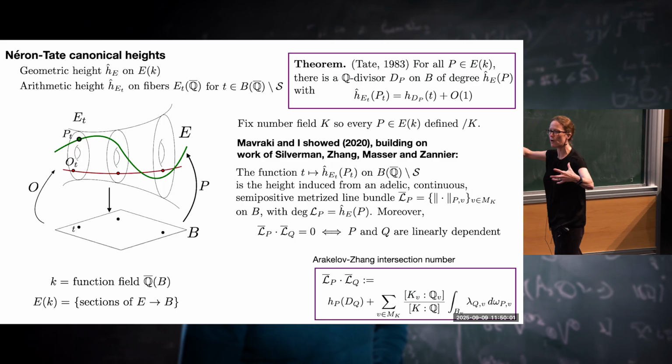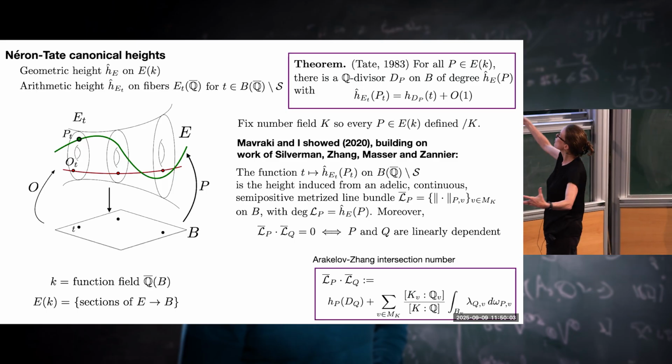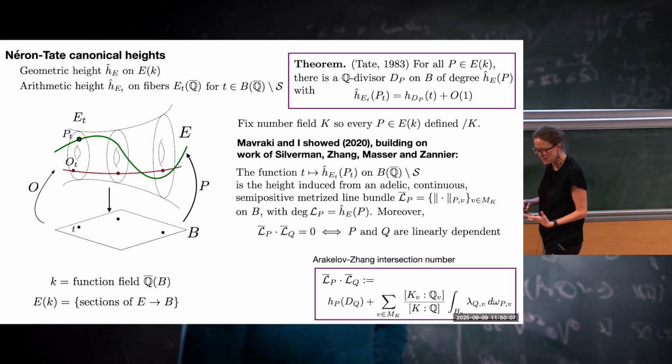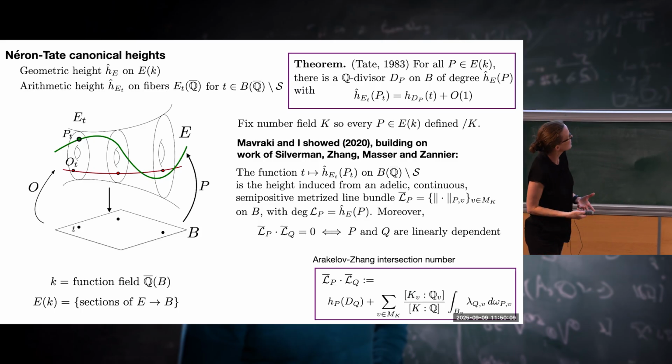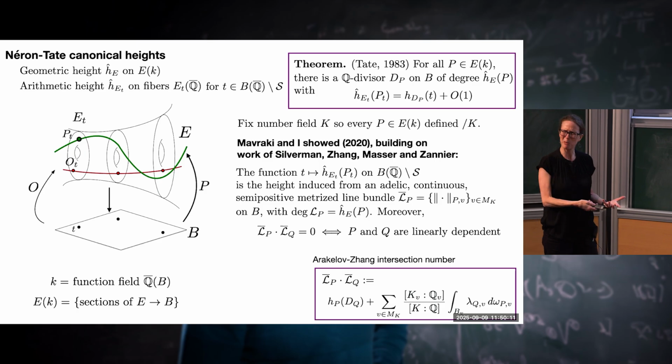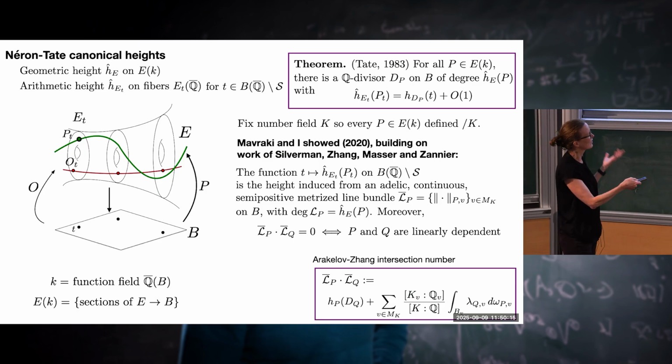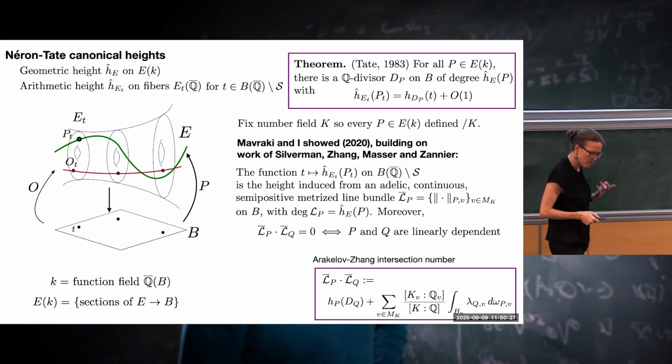One can usually work with a list of properties that these line bundles and their intersection numbers satisfy, but it's hard to really get your hands on them and actually compute some of these things. This is a definition, and again, I'm not expecting you to get much from what I've written here. These are the local height contributions, the curvature associated to this line bundle. Anyway, there's a definition. But what properties does it satisfy?